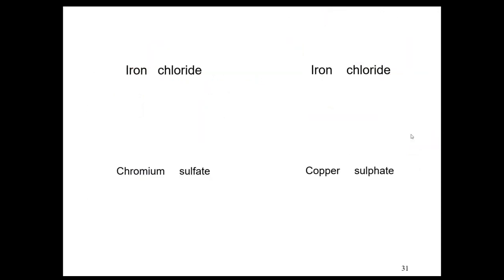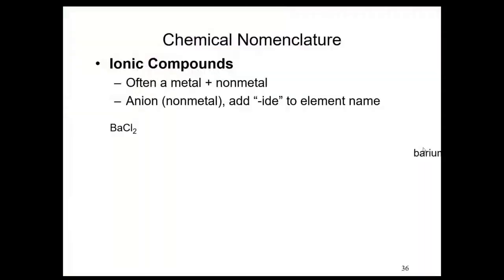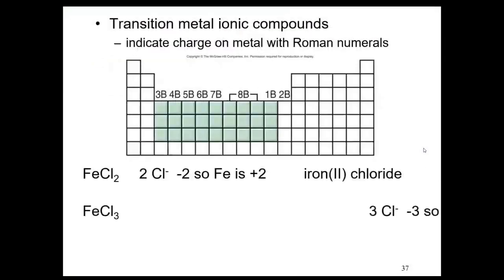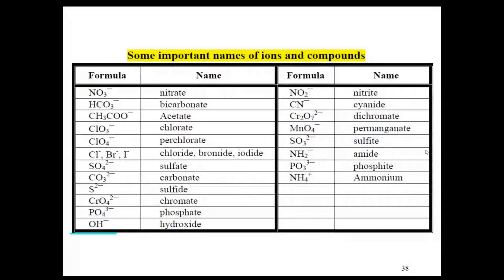There is a list of ions. You have to save that list of ions. Here it is. Boys, this table is very, very important. On the left side, you must remember these. And from the right side, cyanide, dichromate, permanganate and ammonium.